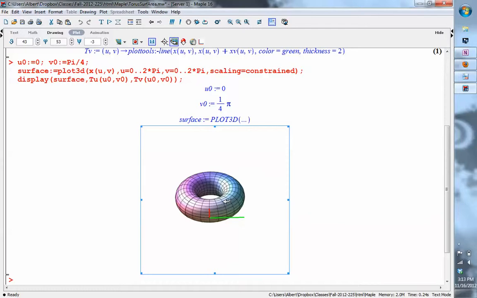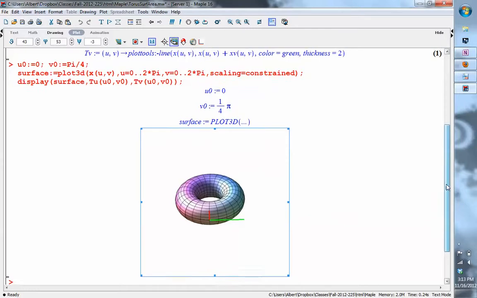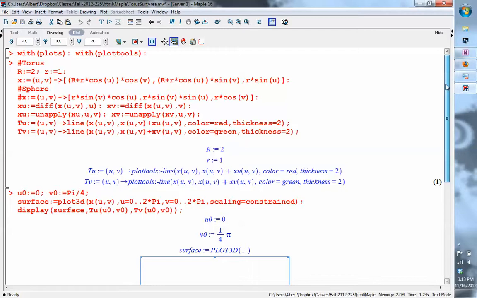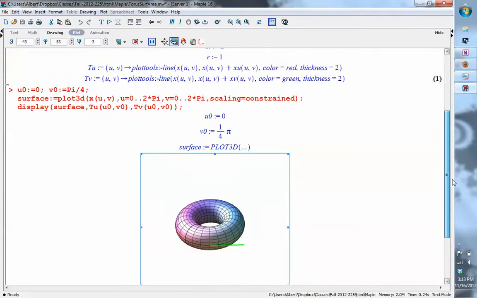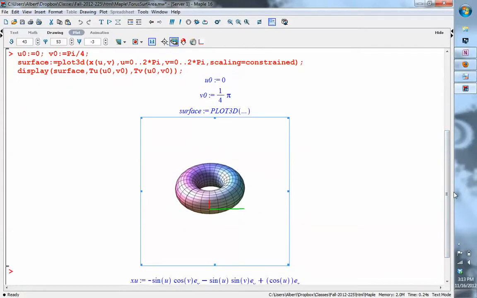Let me describe for you the parameters just very briefly. There are two main parameters that describe a torus. There's the radius of one of these vertical circles is little r, and then the distance from the center out to the middle of that circle is big R. And so this torus has a circular radius of 1, and then that big radius in the middle of 2.